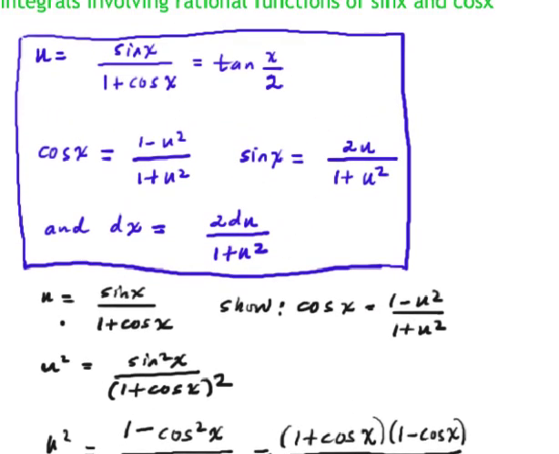Okay, so far we've shown that if u is equal to sine x over 1 plus cos x, then this is what cosine x is equal to in terms of u, and this is what sine x is equal to in terms of u. All right, let's show that dx is equal to 2 du over 1 plus u squared.